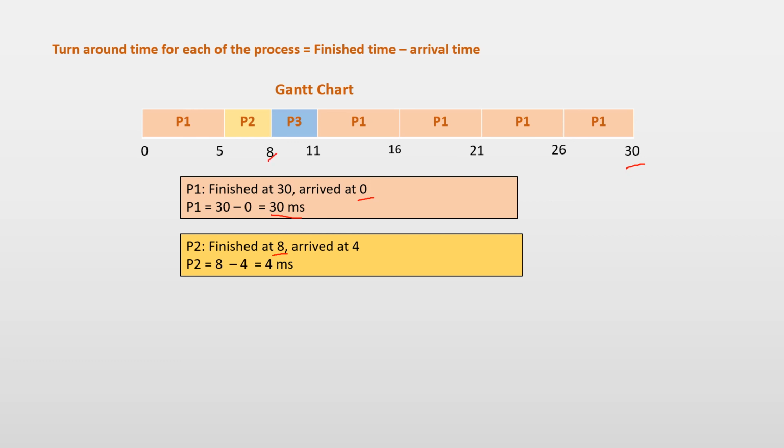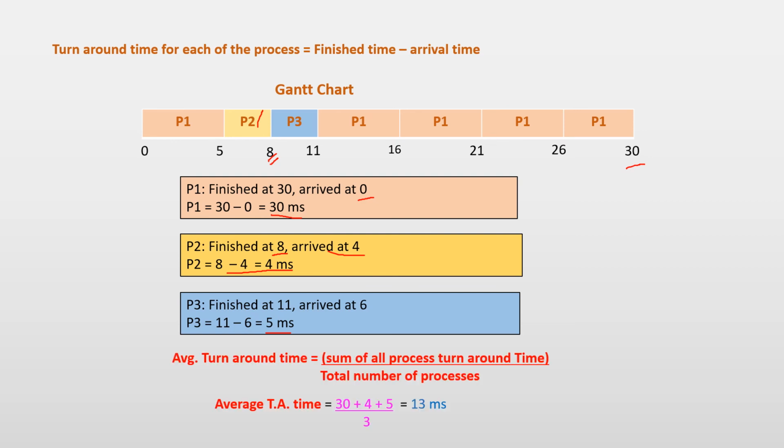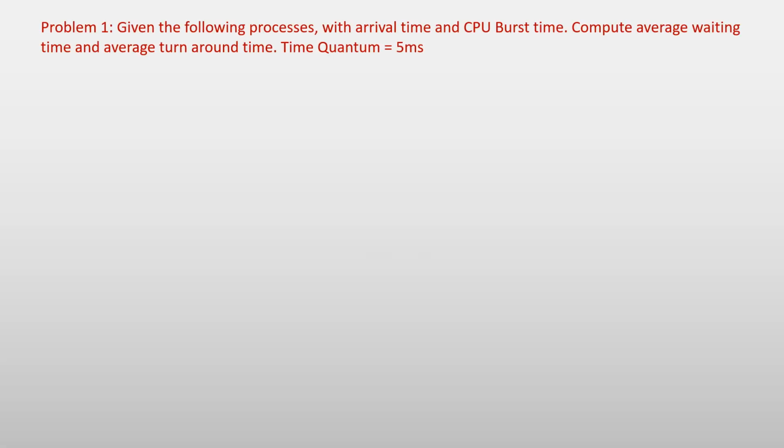So here you can see P2, this is when it has finished, 8 milliseconds, and it arrived at 4 milliseconds. So total amount of time that it was in the system was 4 milliseconds. Then P3 again was there in the system for 5 milliseconds. So total, if you calculate the average turnaround time, it is 13 milliseconds. Now let's see the next example.